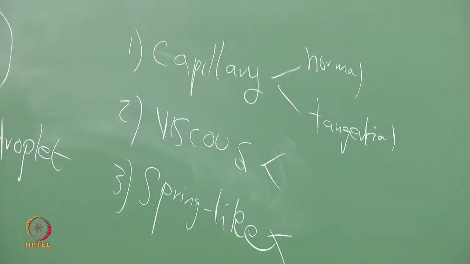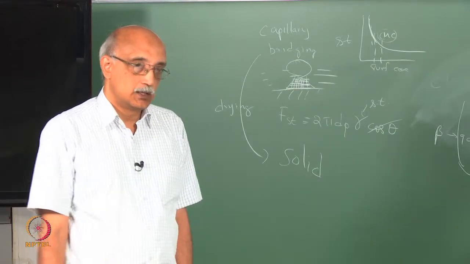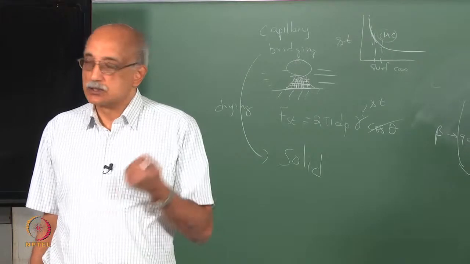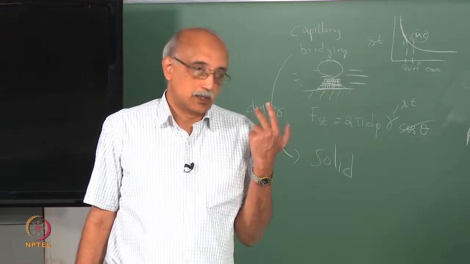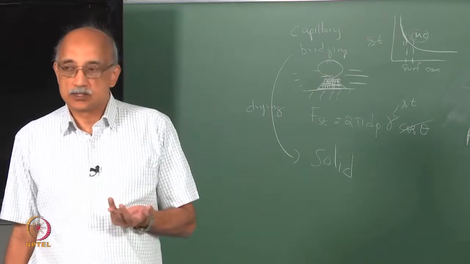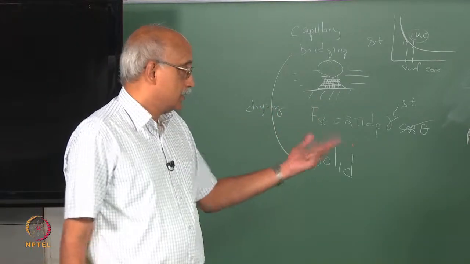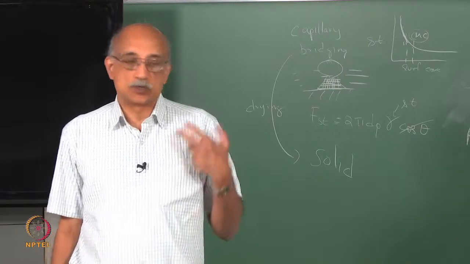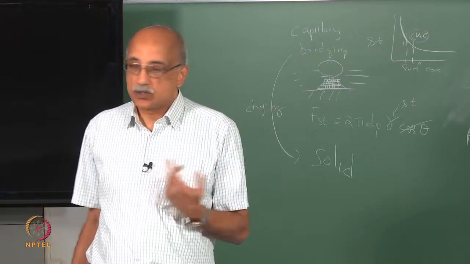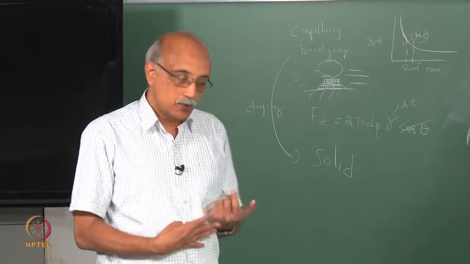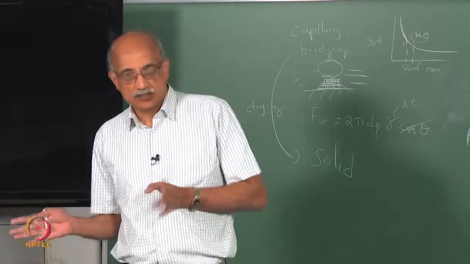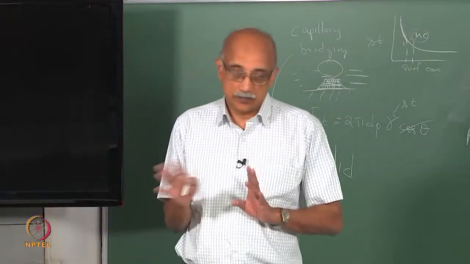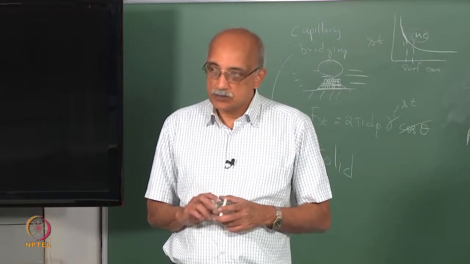So if somebody were to ask you to list all the terms involved in cohesive force, you would have to start with van der Waals forces, electrostatic forces, Zeta potential forces, hydrophilic, hydrophobic forces, plus the capillary forces, plus viscous forces, plus spring-like forces. So you can imagine that cohesive behavior is a lot more complex to deal with than simple adhesion.